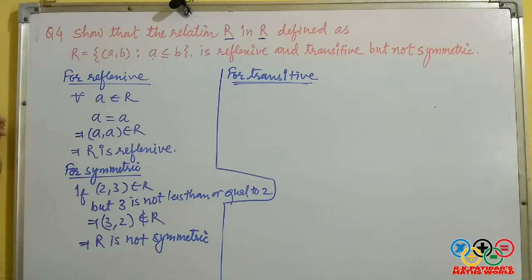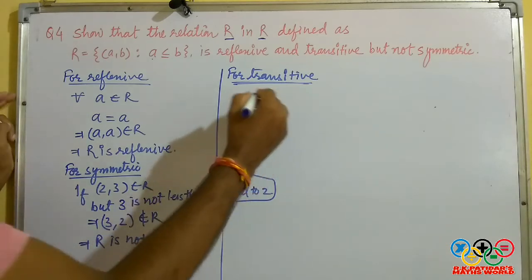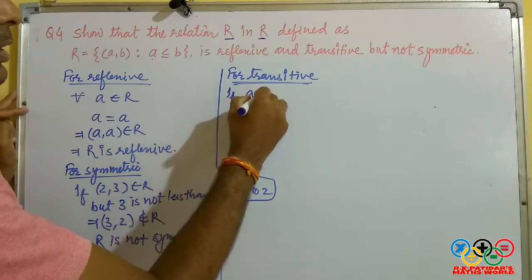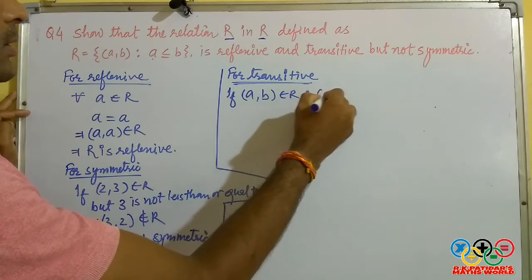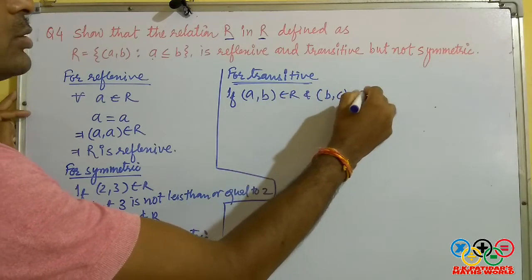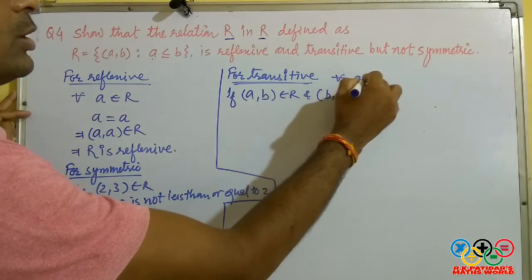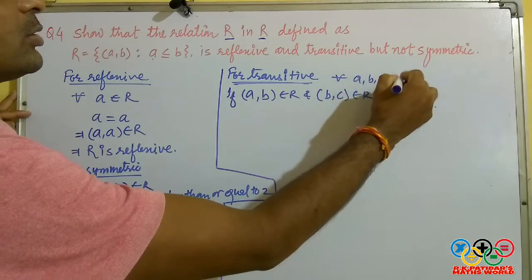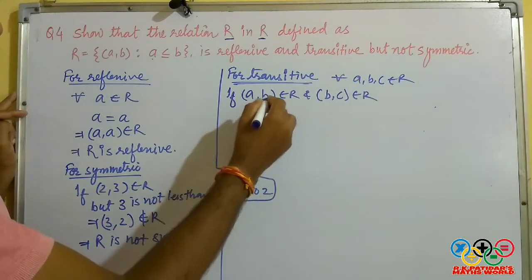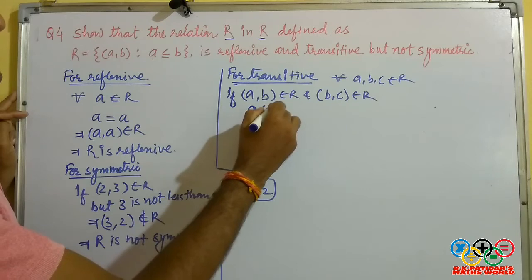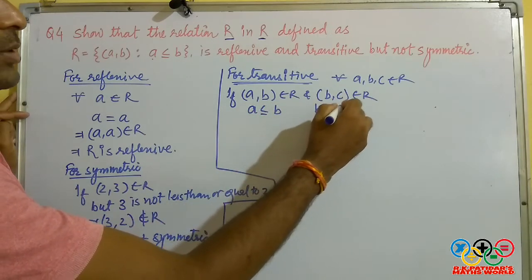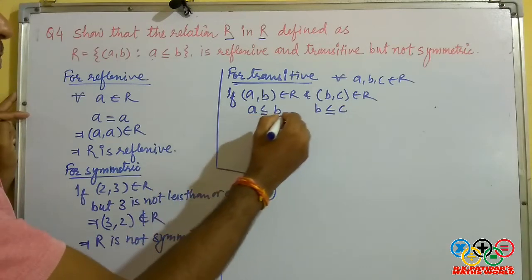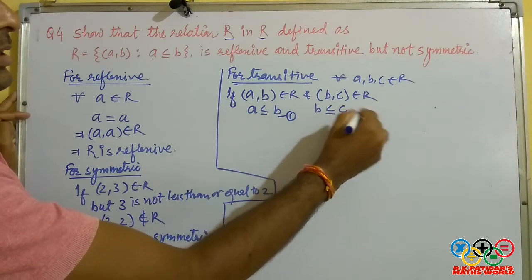तो इसके लिए जो है सिंपल है. If (A, B) belongs to R and (B, C) belongs to R, for all A, B, C belongs to real numbers. Okay, if (A, B) belongs to R means A is less than or equal to B, and if (B, C) belongs to R then B is less than or equal to C. Okay, first and second.